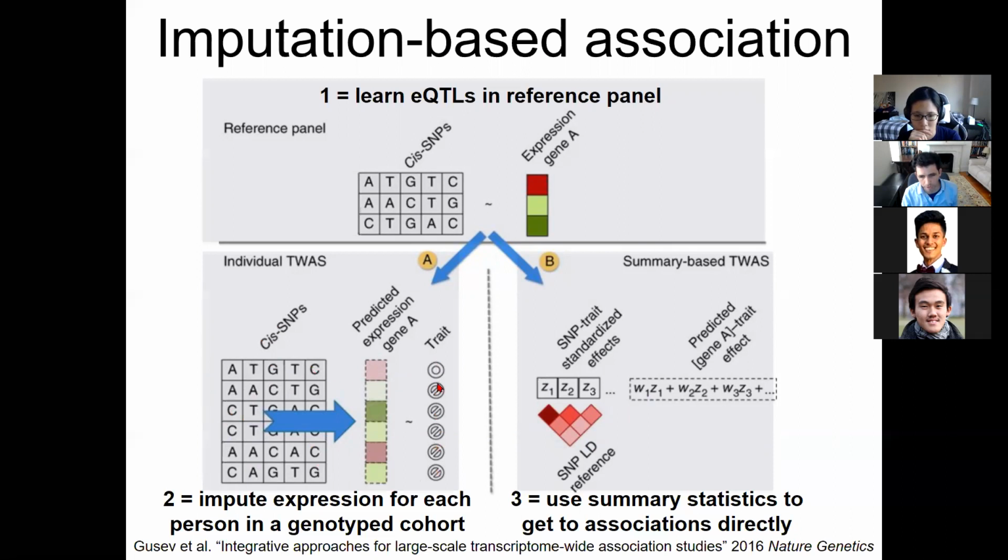Because I have two linear relationships, I can simply combine them and directly predict the effect on the gene by using the LD scores without necessarily needing the individual level genotypes. Because of this linearity, instead of needing the genotype of each person to predict their expression, that's a nuisance parameter.